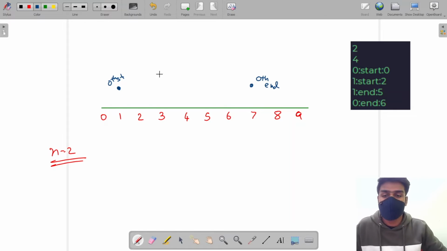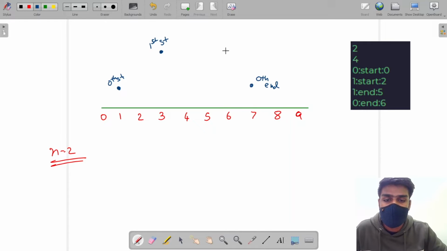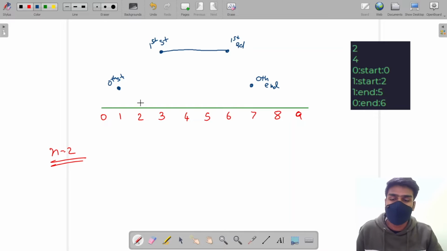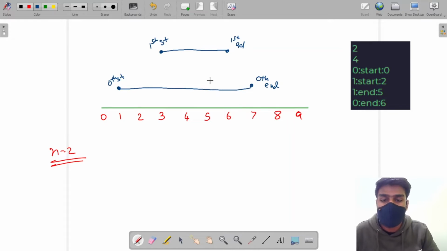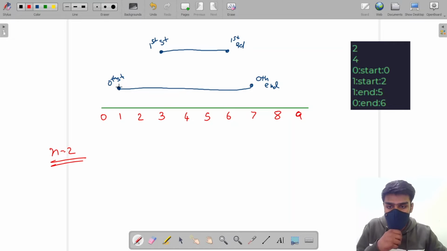If I have another function here, let's say the first function, which starts here and ends here, this function took some time, but the time taken by the whole 0th function is clipped by this much time by the first function.